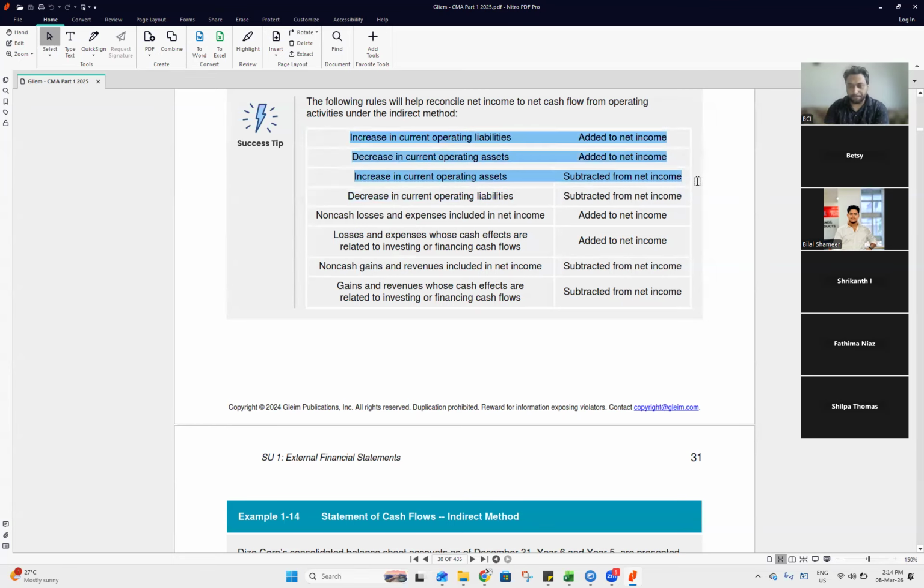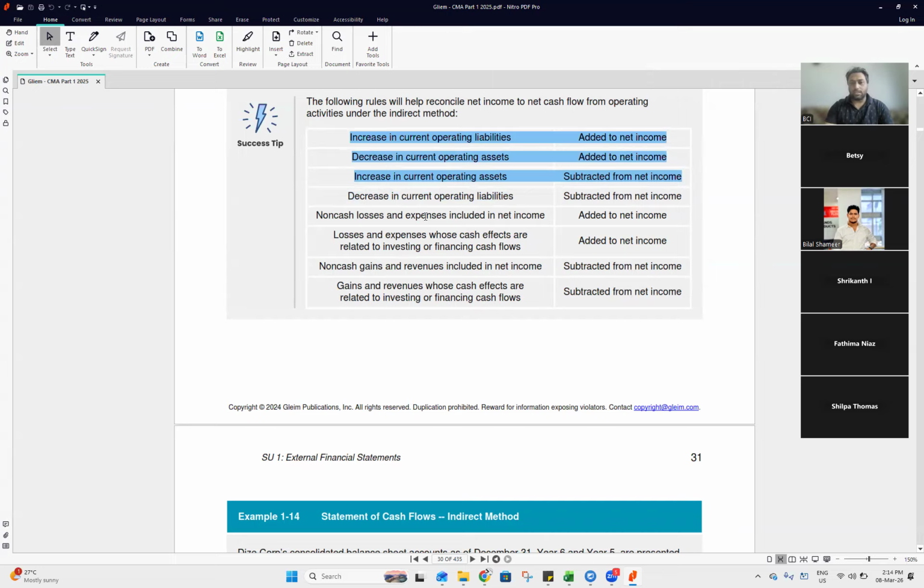Clear? Then non-cash losses and expenses included in the net income, what do we have to do? Non-cash losses we have to remove from the net income, so we will add that amount to the net income. Clear?